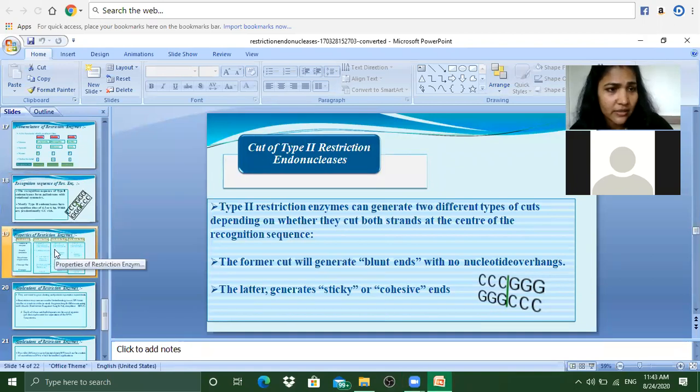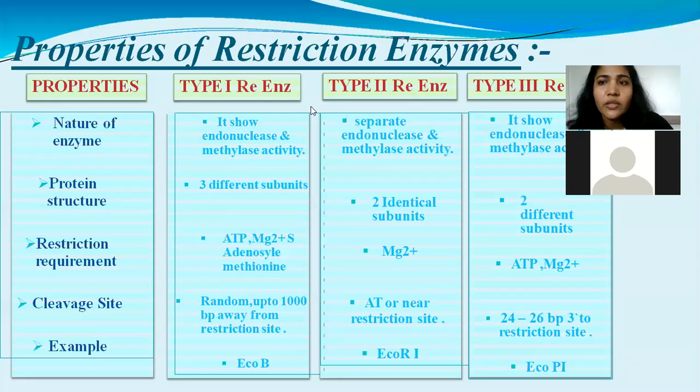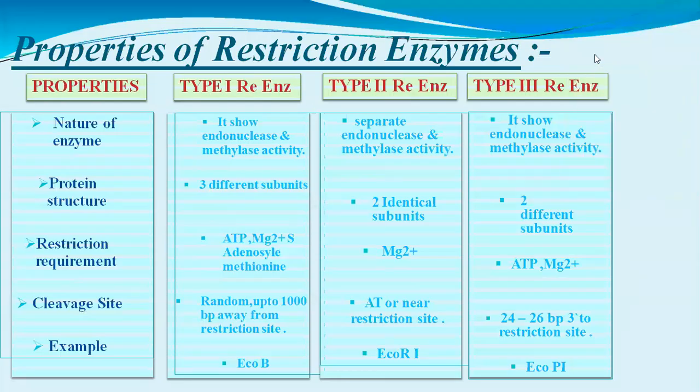this particular slide is just the revision of all the three restriction enzymes that we have learned. In the sense, what properties do type 1, type 2, and type 3 restriction enzymes have. So nature of the enzyme: type 1 shows endonuclease and methylase activity.